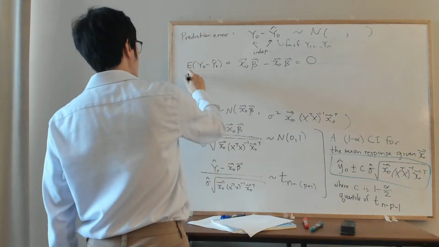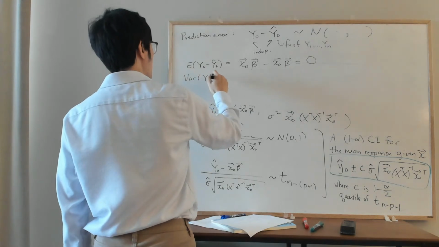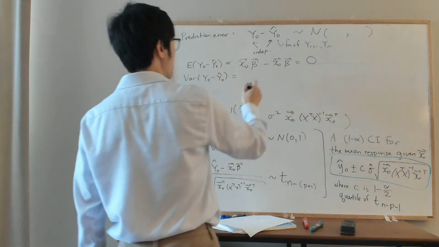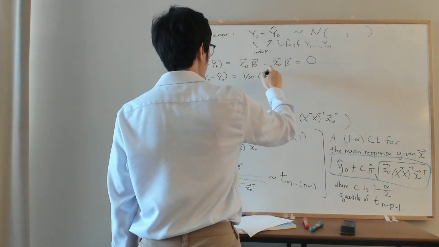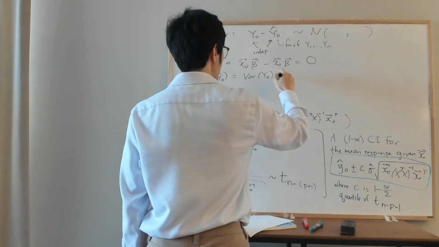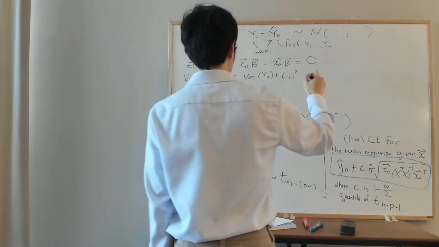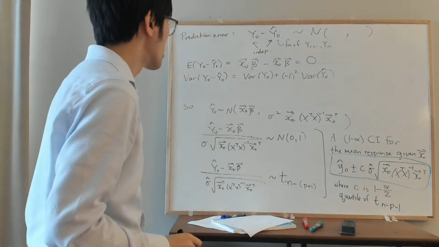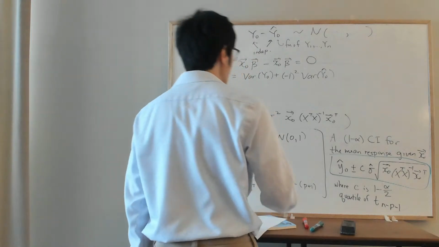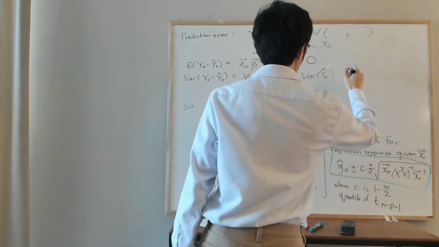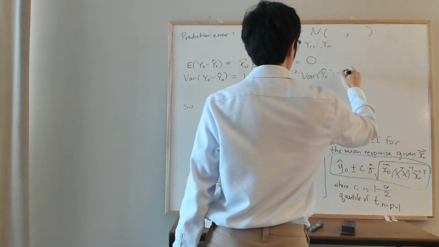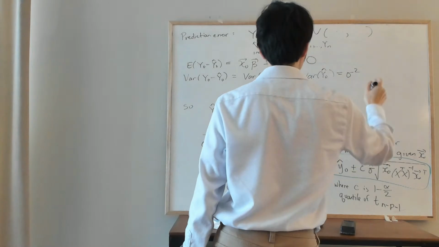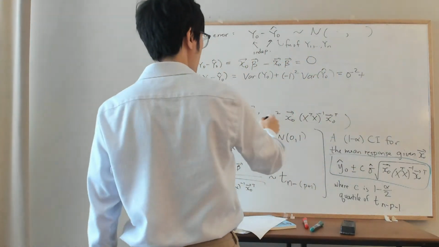Okay, and then variance of y0 minus y0 hat. Analogously, these two are independent, so we can just add up the variances: variance of y0, plus minus 1 squared times variance of y0 hat. Okay, and we have derived all of these already. Variance of y0 by the model is the residual part, so it's sigma squared, and then variance of y0 hat we already derived here.